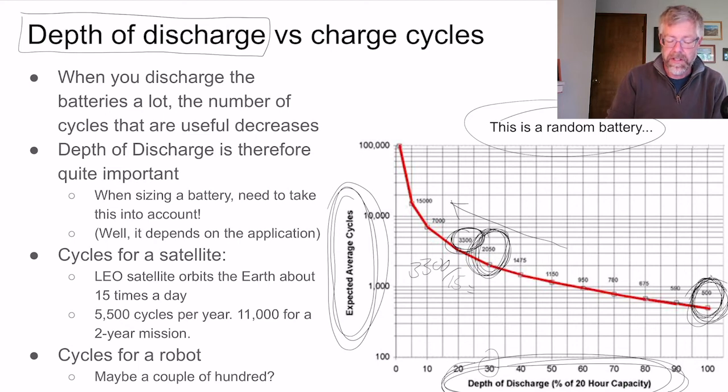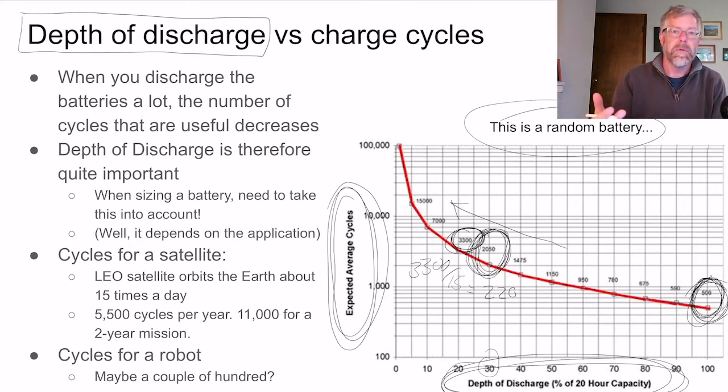That means that you're only going to last for, let's see if I can do math, 220 days. All right, that's not great. That's less than a year. And so actually you want to have even less discharge than say 20% if you're on a satellite, because you are not able to replace the battery.